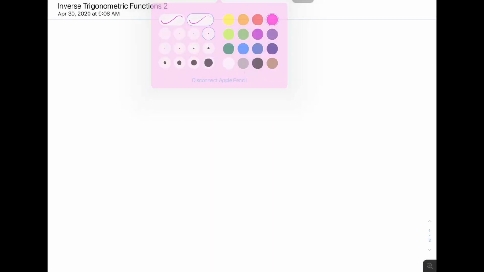Inverse trigonometric functions. So the value of sine of 2 sine inverse cosine A is blank.